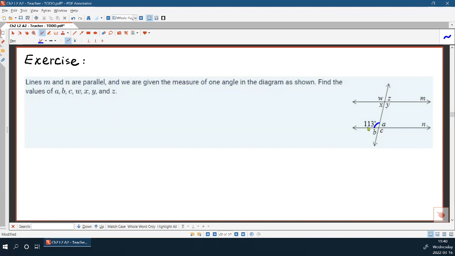This angle equals 113 degrees. Your task is to find the values of A, B, C, W, X, Y, and Z. I'll give you 1 minute to think about this question. You can write on the screen.